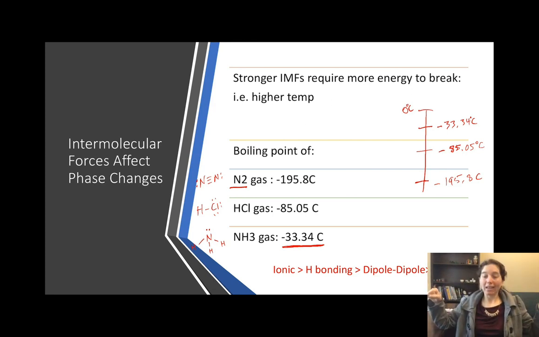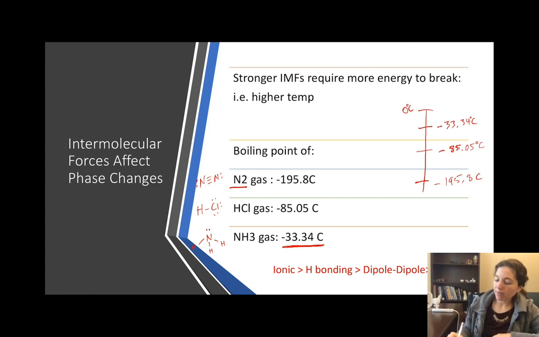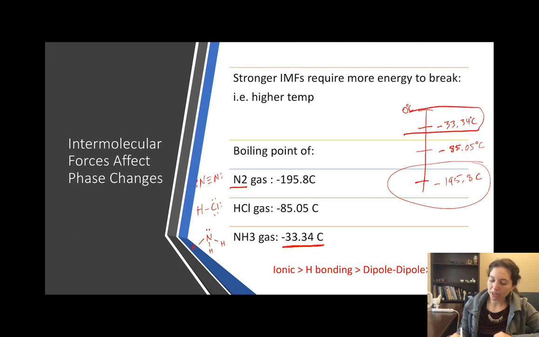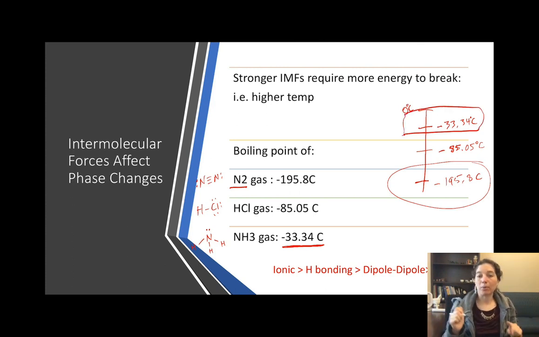That requires energy. So if you have a weak force between them, if they're barely stuck together, you can separate them really easily, and it doesn't require much energy, meaning you have a very low boiling point. Whereas if they're stuck relatively tightly together, you have to push a lot harder to get them apart, which means it requires more energy, which we see with the ammonia gas.